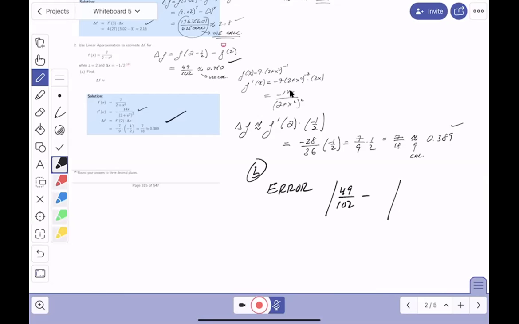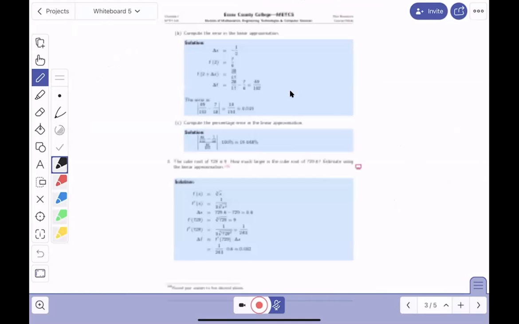And the approximate number was 7/18. Granted, I know it's tough. You can do the arithmetic though, but I want to point out it's okay to use a calculator. But this would turn out to be 14/153. And then that's B. Let me see if I got that right. Yep. I see that right over there.